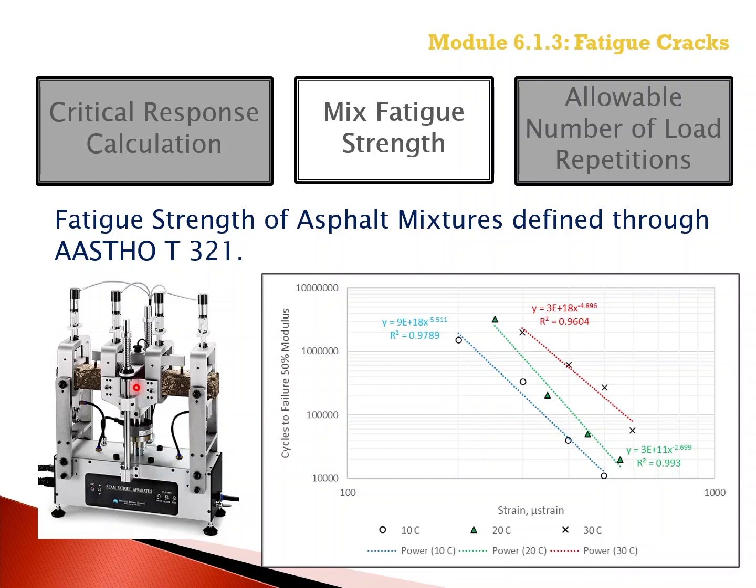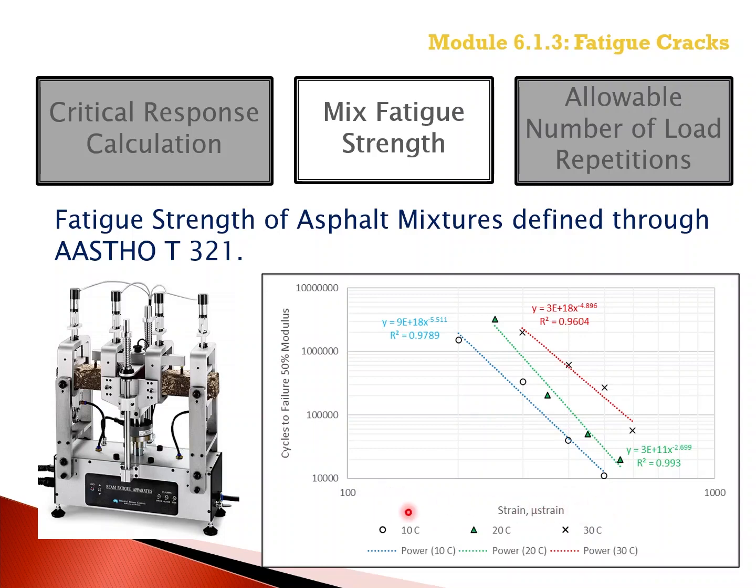For PCC mixtures, as we discussed in Module 5, the ratio of tensile stress to modulus of rupture was used to estimate the number of load applications to failure for all types of Portland cement concrete mixtures. For asphalt mixtures, the tensile strain and modulus are used, but there is no normalization procedure of the applied pavement response variable like it is for Portland cement concrete.